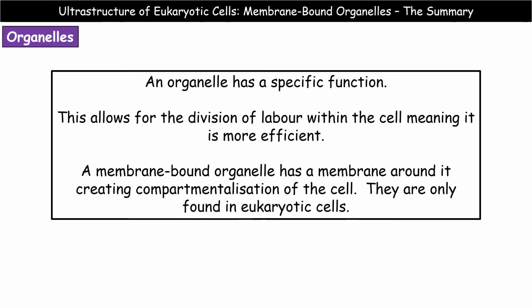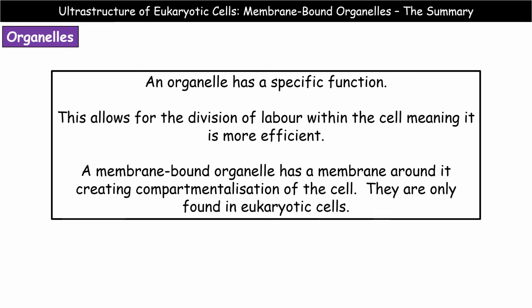Before we look at the specifics of individual organelles, let's actually look at what an organelle is. Organelles are these subcellular structures, these things that occur within cells, and each organelle has a very specific function.